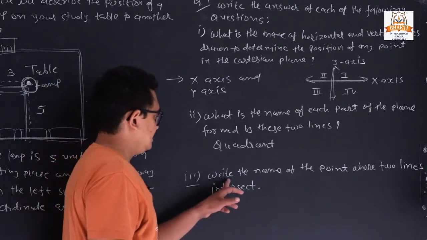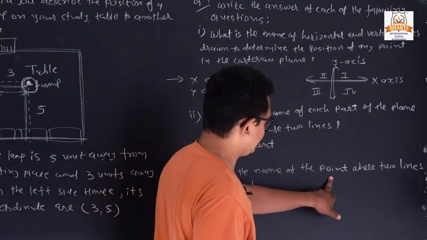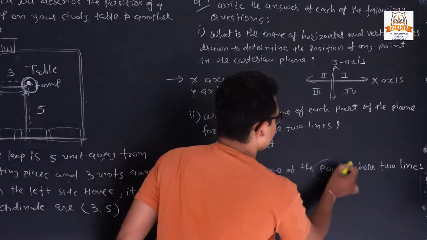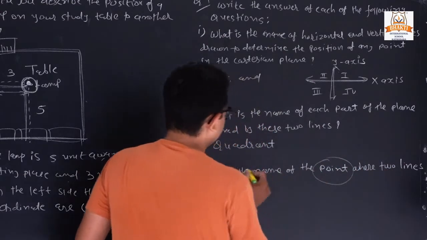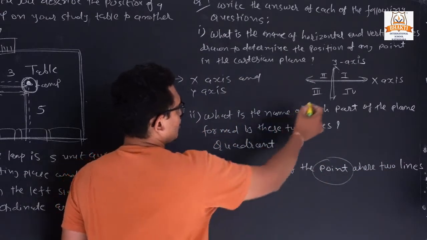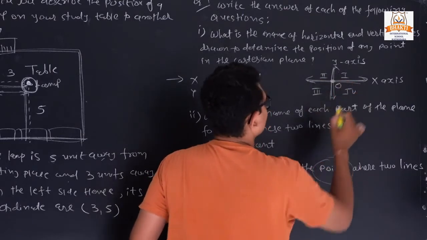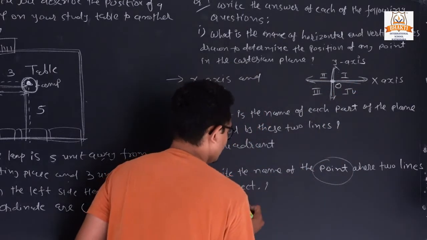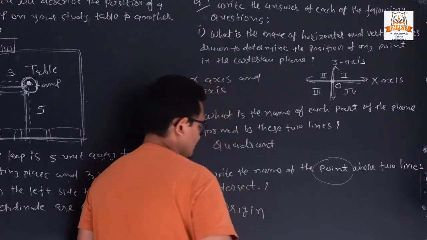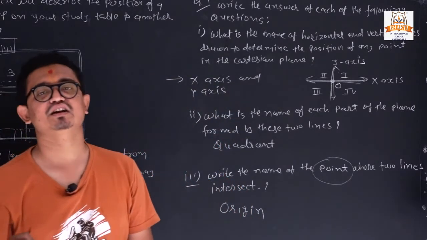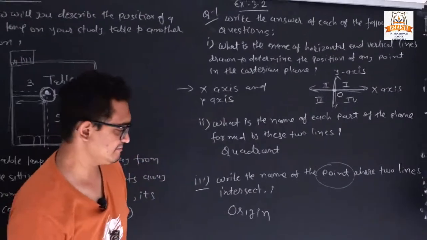Now next, write the name of the point where the two lines intersect. The x axis and y axis intersect at which point? 0. It is also known as the origin. Clear? This point is known as the origin.